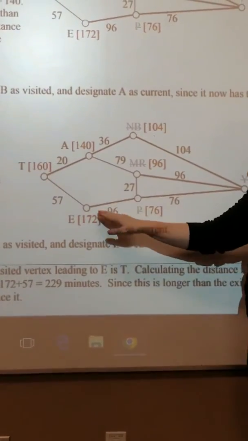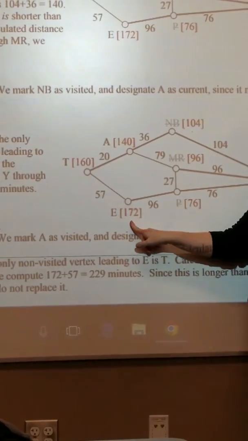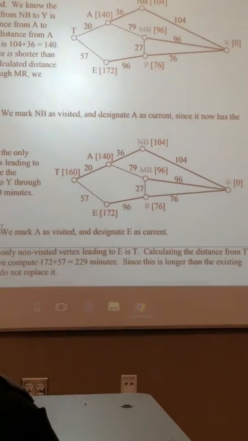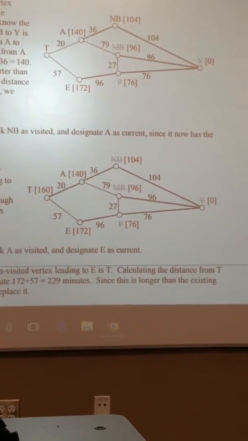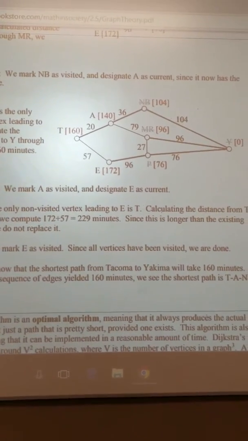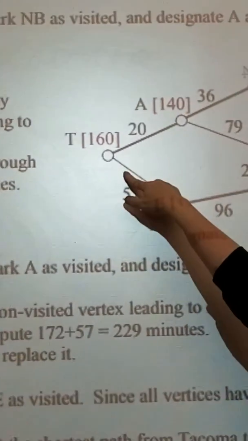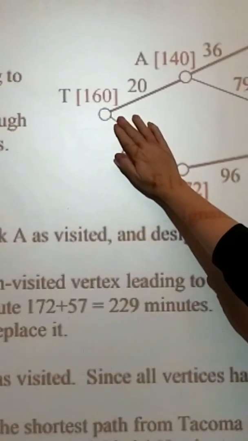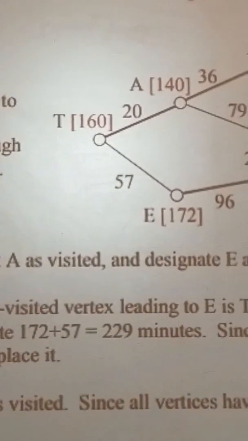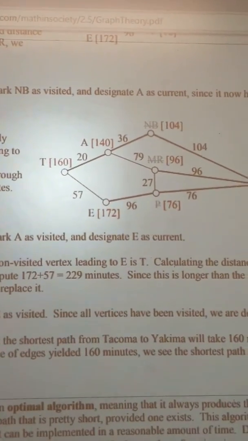So E is now current because A has been visited and now E is the only non-visited vertex we have left. And we calculate that distance, and that distance comes to 229 minutes. We take the 172 plus 57 comes to 229. We're not going to replace that because 229 is longer than the 160. So we mark E as visited, and since all the vertices have been visited, we're done.